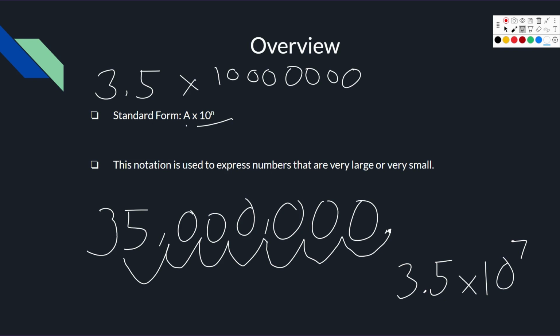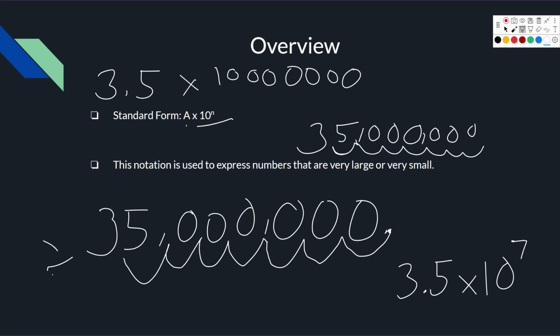So if we go 7 spaces, the decimal is going to move 1, and then it's going to be 6 zeros, since we have 6 more zeros left to go. So it moved 1, 2, 3, 4, 5, 6, 7. And as you can see, this is 35 million, which is the exact same number we started with.